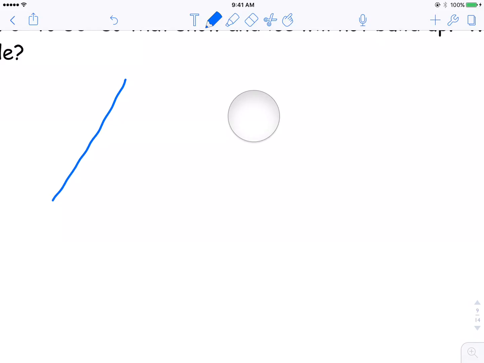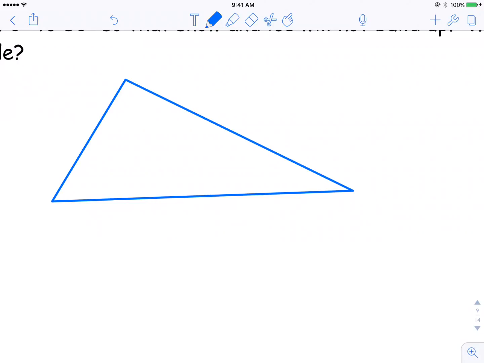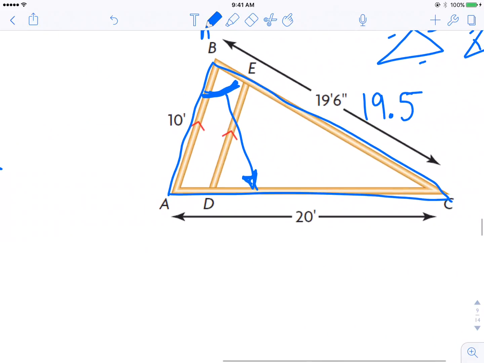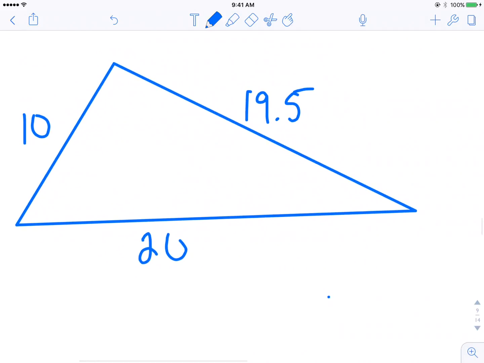So here's my triangle. I know that this side is there, this one's there, kind of like this. This is 19.5. This was 10, and this was 20. And we said we're looking for this angle.